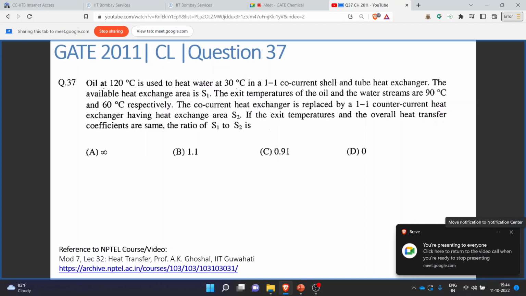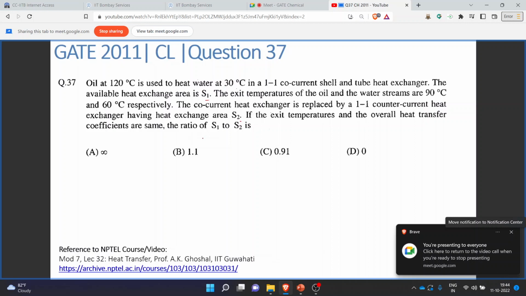The question is, oil at 120 degrees Celsius is used to heat water at 30 degrees Celsius in a 1-1 co-current shell and tube heat exchanger. The available heat exchanger area is S1. The exit temperatures of the oil and water streams are 90 and 60 degrees Celsius respectively. The co-current heat exchanger is replaced by a 1-1 countercurrent heat exchanger having a heat exchange area of S2. If the exit temperatures and the overall heat transfer coefficients are the same, the ratio of S1 and S2 is dash.